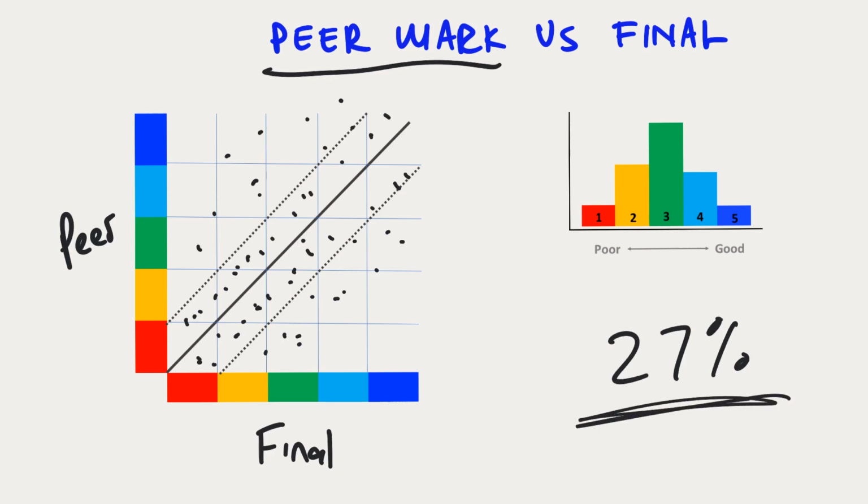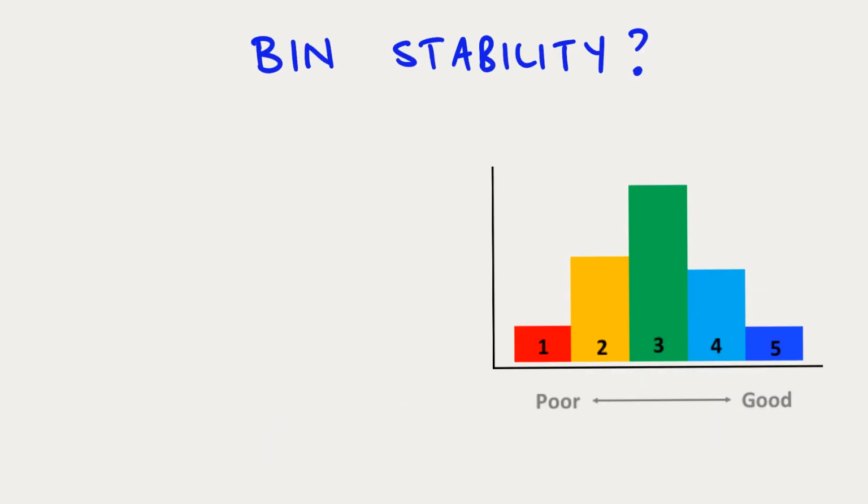So 27% of you remained within this band where we want you to remain, where you get more or less a similar result. 27% is still not good, but it has to be remarked that it's better. So what does this give us? How stable are our bins? And the answer to this question is that our bin stability is very poor.